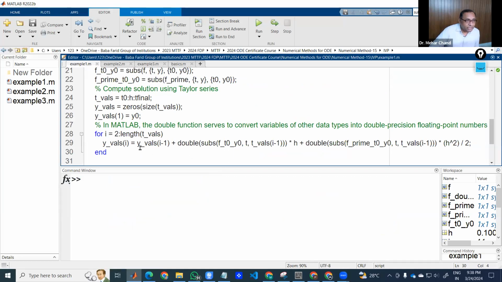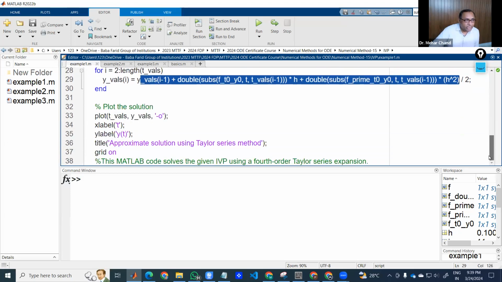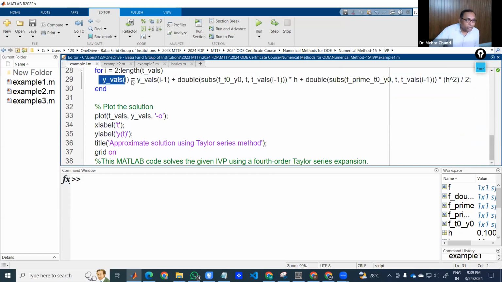So here you can see this is y naught, then this is the first derivative into h, then we have the second derivative into h square upon 2. So the series has been used at this place, and all the values will be computed by using this Taylor series and stored at this place.